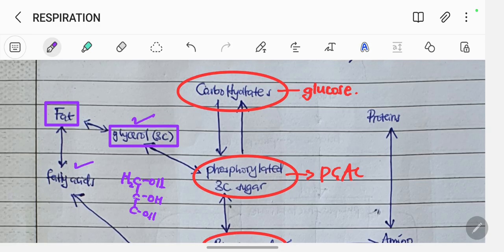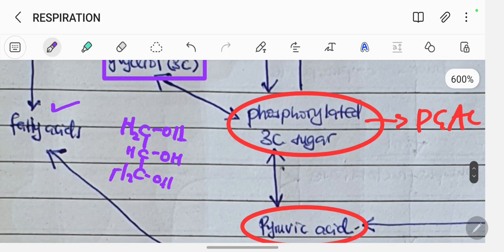This is H2, H2, like that. So this glycerol, if you want clarity on this, go to chemicals of life. Go to chemicals of life.